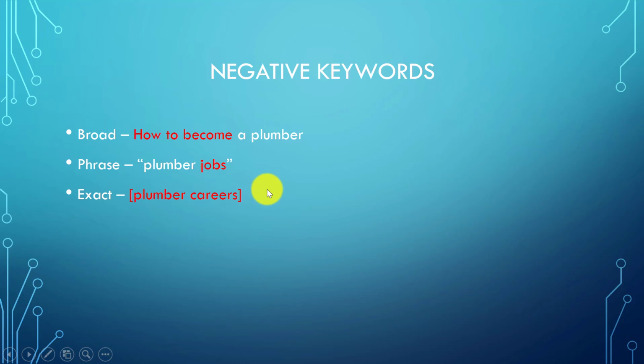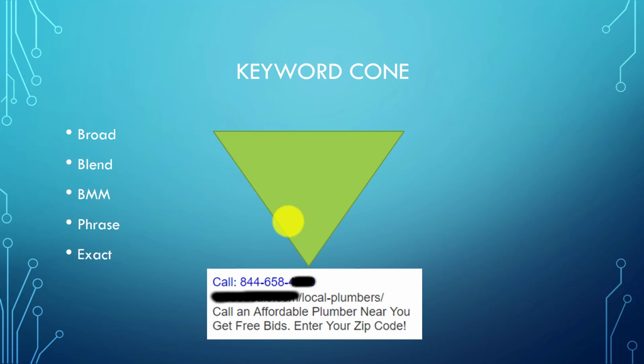Now, this being the exact search, obviously you don't have to get in your actual negative keywords. This would be like just at a campaign level, like jobs, careers, how to become. All those would be at a campaign level negative keywords.